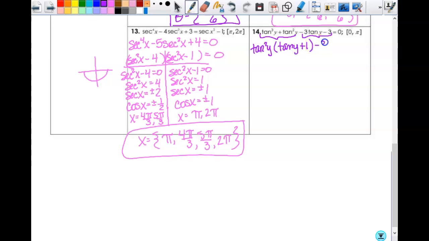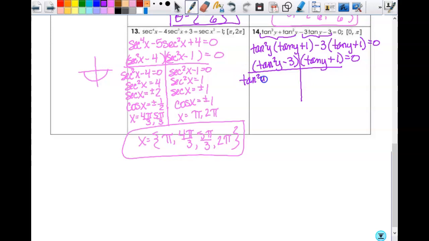I can factor out a negative 3, and that leaves me with tangent y plus 1. Okay? So then that means I get tangent squared y minus 3 times tangent y plus 1 equals 0. So tangent squared y minus 3 equals 0, and tangent y plus 1 equals 0.